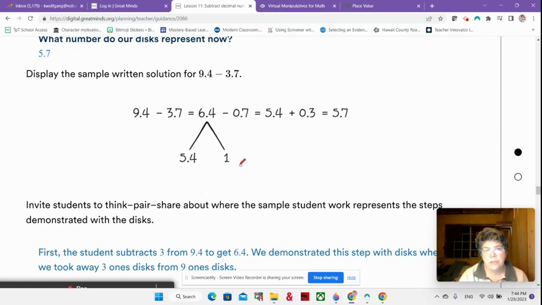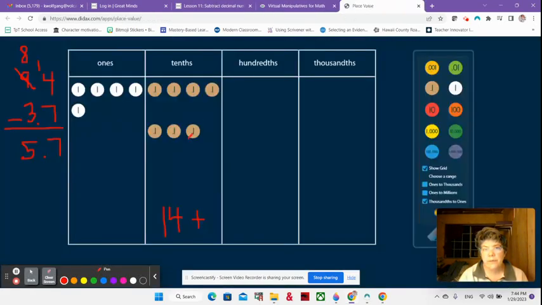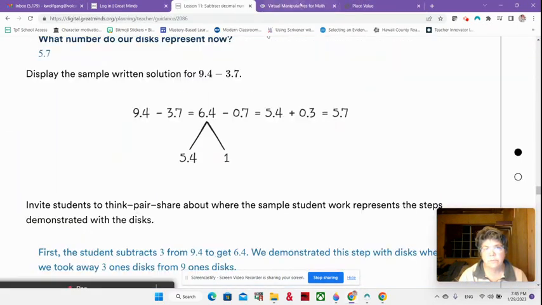So we took 9 minus 3, and we got 6. And then we're breaking it into 5 4/10 and 1.